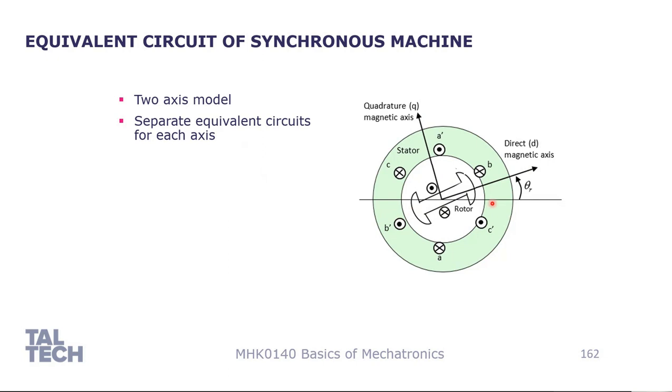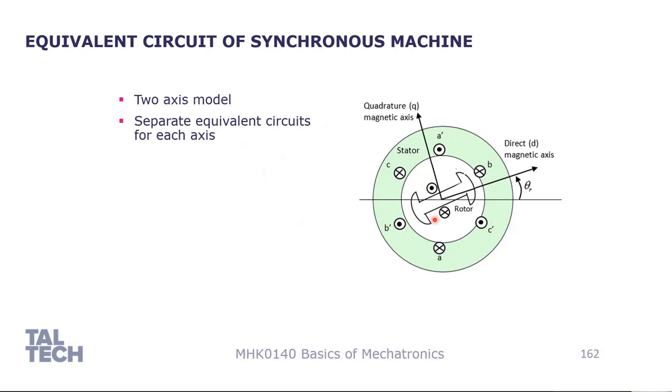You see that the magnetic fields and all these equations will be different in two axes. Usually the machines are symmetric, so it is enough to have two axes. If there are more poles on the rotor side, we can maybe shift the axes, and in our calculation we need to keep it in mind.